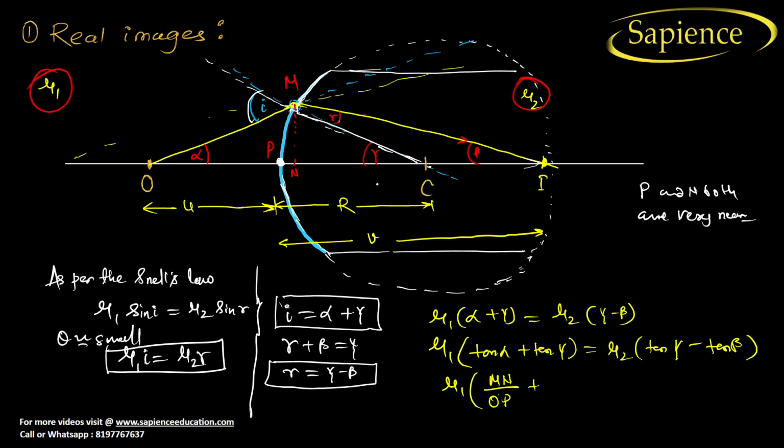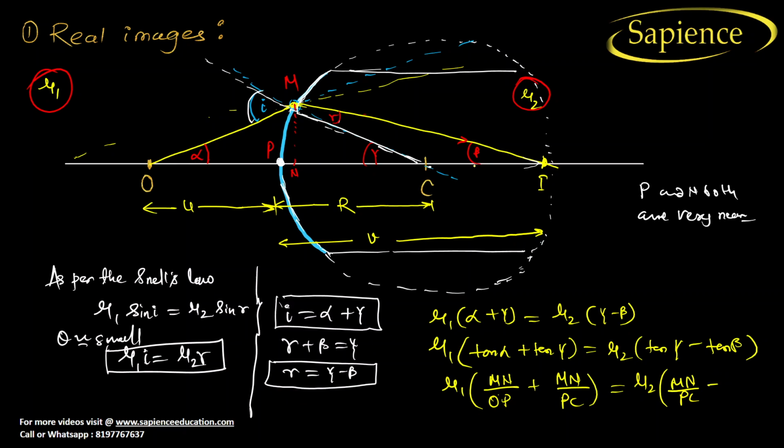Now in triangle MNC, tan gamma is equal to perpendicular by base, that is MN by PC, and mu2 tan gamma is again MN by PC, minus tan beta.